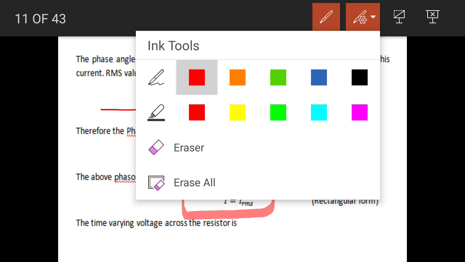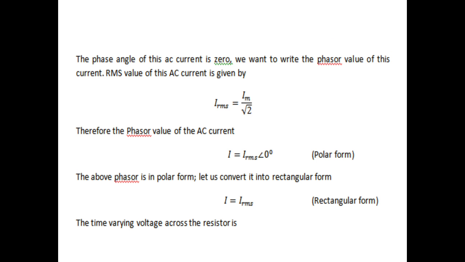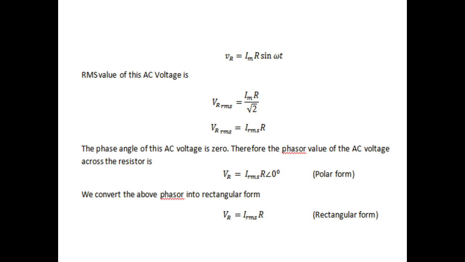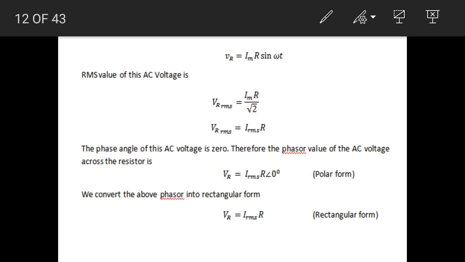We consider the instantaneous equation for the voltage across the resistor. We know that the voltage across the resistor is in phase with the current. So if the phase angle of the current is 0, then the phase angle of the voltage across the resistor will be 0 as well, because these two quantities are always in phase.